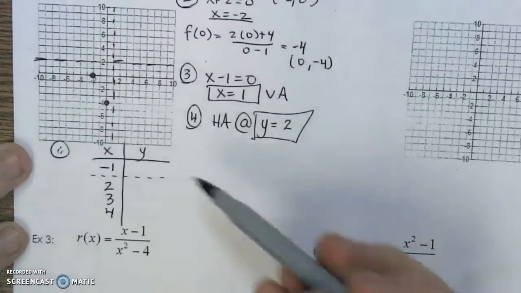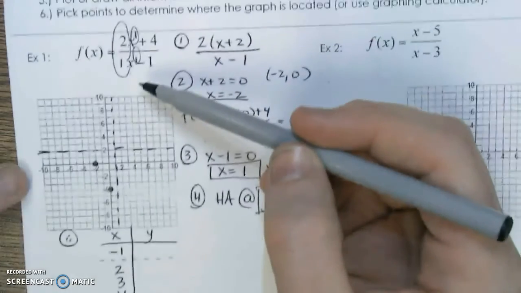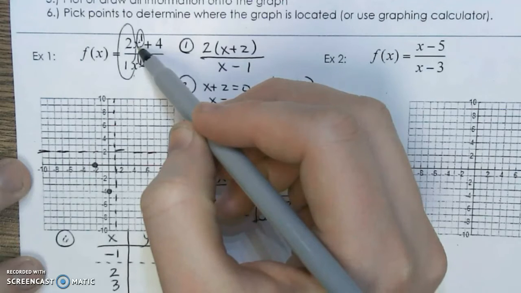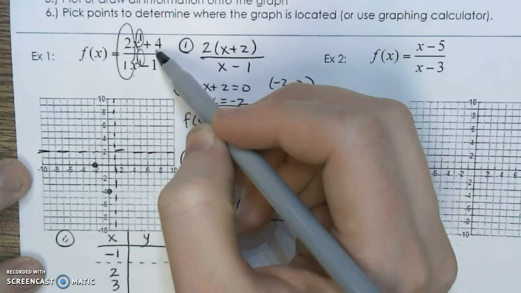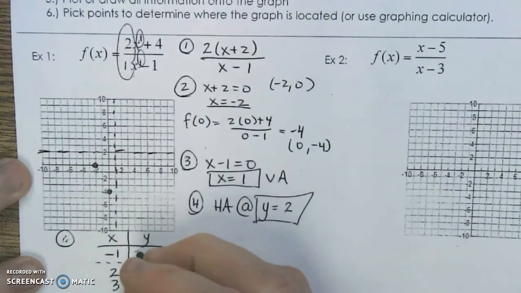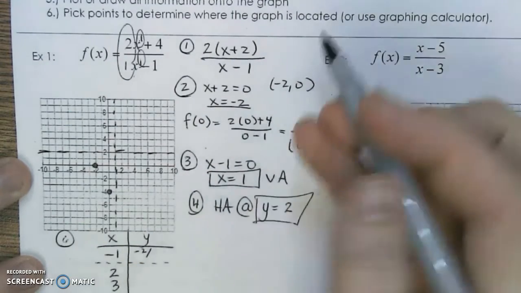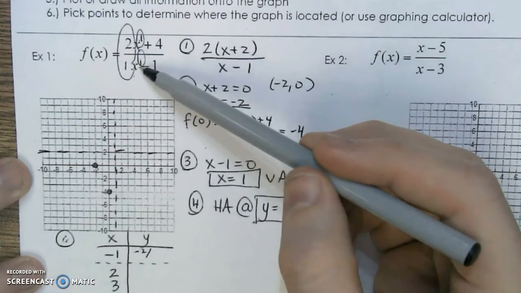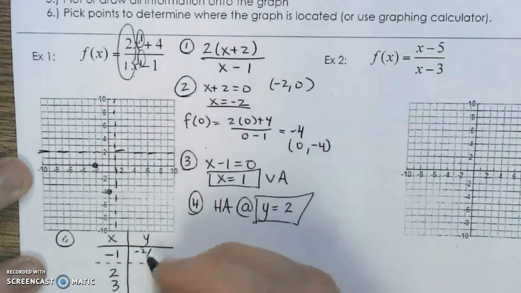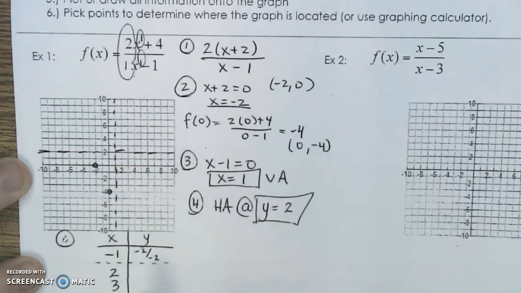If I plug in -1 to the function, so let's look at it, I'm going to have 2 times -1, which is -2 plus 4. So we're getting 2. Or wait, I did that wrong.